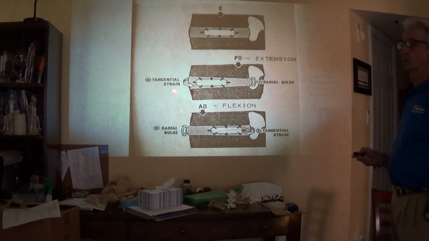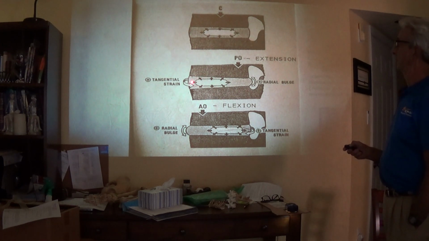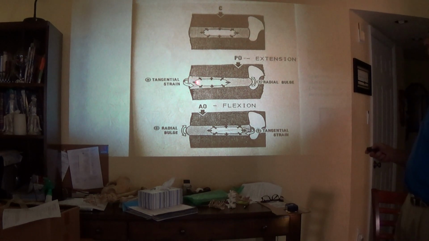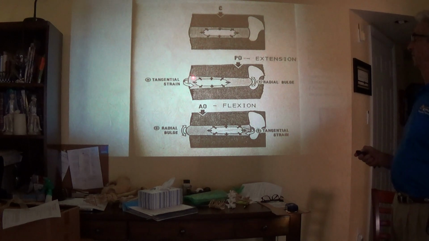Once they get stretched more than 4% of the resting length, they start to break and get tangential lesions in them. And if they go over 4%, then they fail.